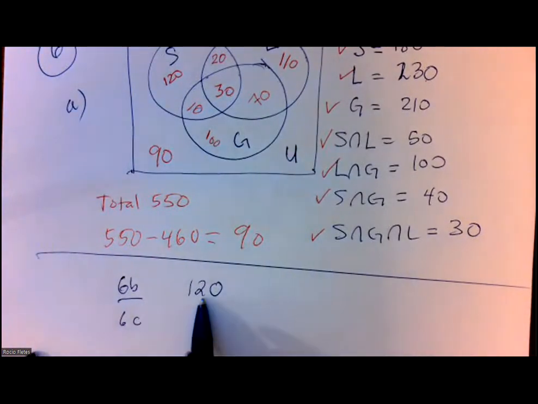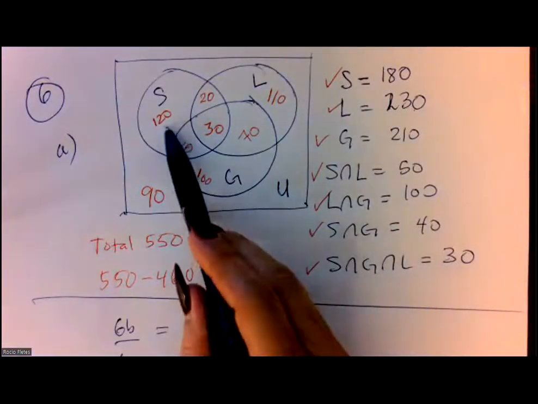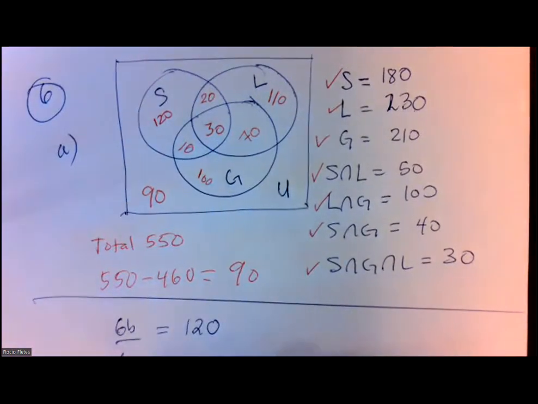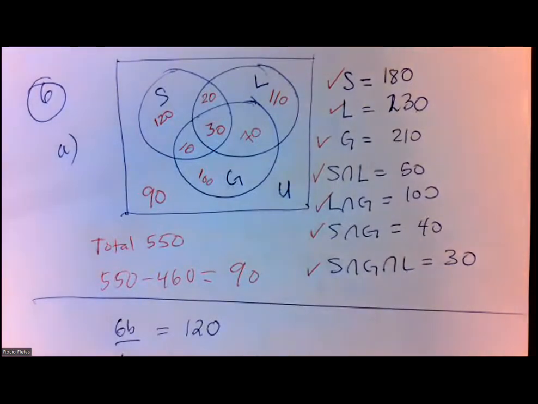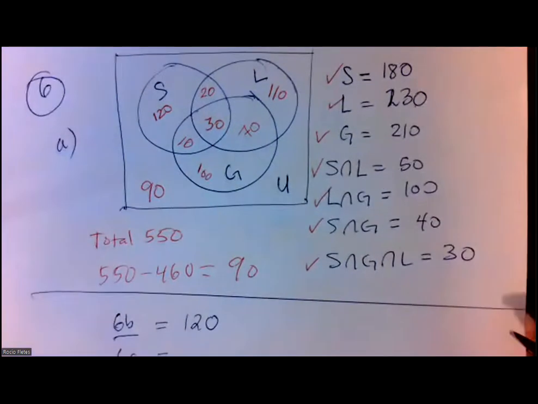So 6B is 120, right? How many people got only scholarships? 120. Now 6C is asking, how many got loans, grants, but not scholarships? Okay, loans, grants, but not scholarships.